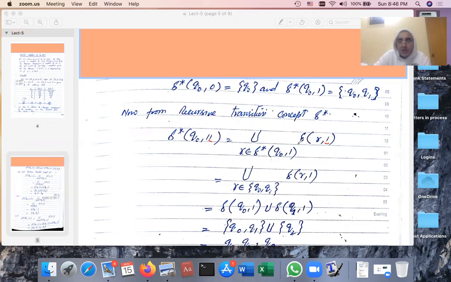This is only one transition, but what are the previous transitions? That is something you have to show in this union.